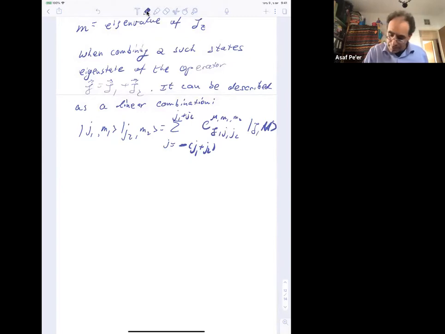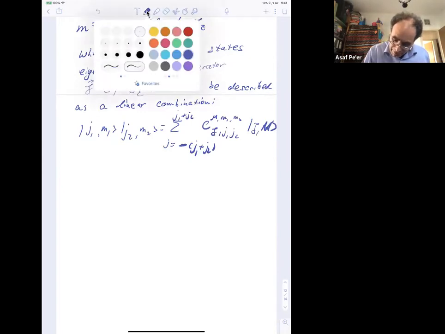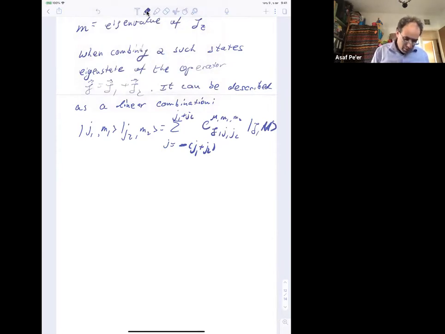Right, you know that. Sorry for the time it took me to rewrite it. And this coefficient, C, J, J1, J2, M, M1, M2, these are the Clebsch-Gordan coefficients.